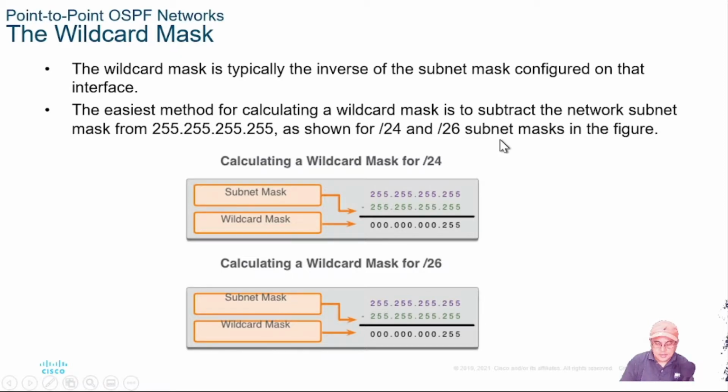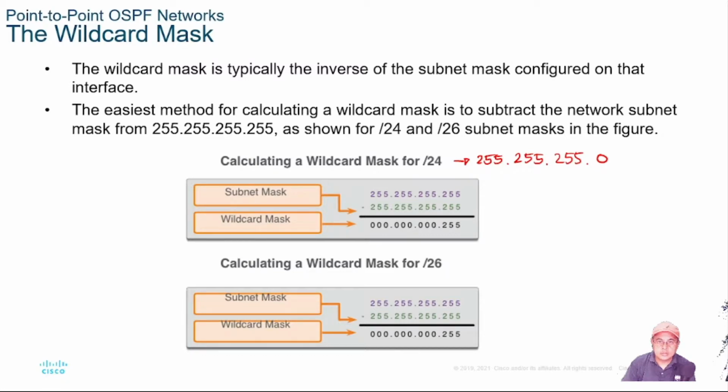We know that /24 is equivalent to 255.255.255.0. The /24 is a CIDR notation, or classless inter-domain routing notation, and that is the equivalent decimal value for it.